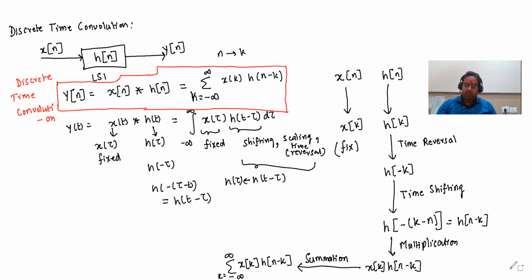Let us start with an example to understand this better and to get better insight into what we are discussing. Let us say that we have our input signal as a unit step signal, and our impulse response is also a unit step signal. We have to calculate y of n.